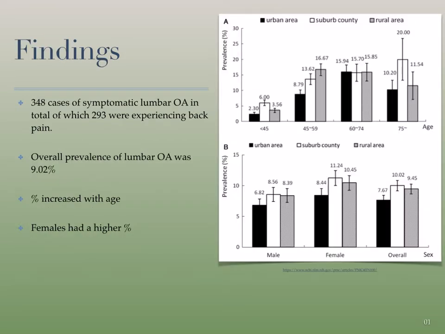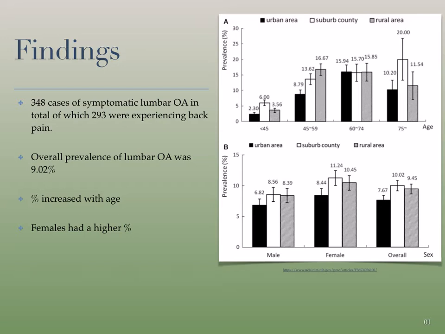So the findings: out of the 3,895 participants, there were 348 cases of symptomatic lumbar OA, of which 293 were experiencing back pain. So that gave an overall prevalence of 9.02%. And you can see in this picture it increased with age, and the females had a higher percentage.